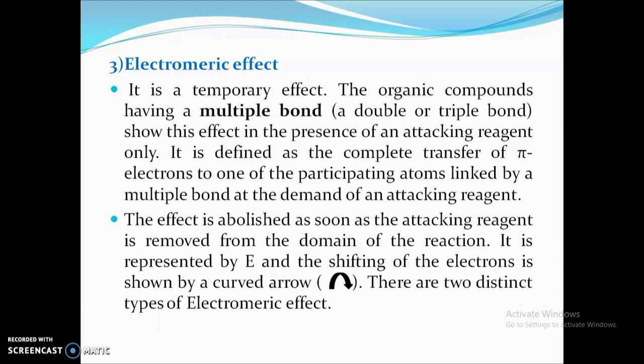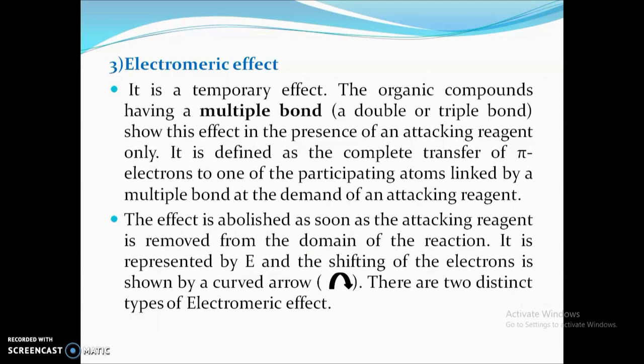When such a molecule is attacked by a reagent, then under the influence of the reagent, pi electrons are transferred to one of the participating atoms. This effect is observed at the demand of the attacking reagent, which means that as soon as the attacking reagent is removed, the pi electrons come back to their original position. It means it is a temporary effect, and it is represented by this type of arrow.